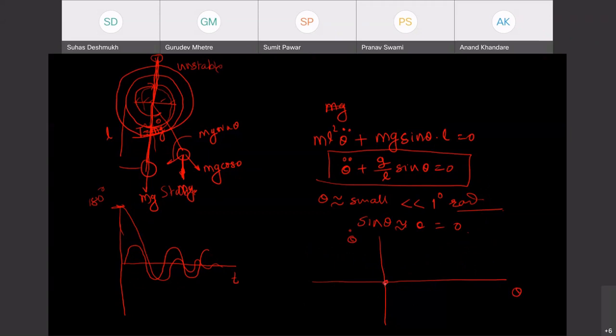This is my theta. The first equilibrium is theta equals zero. Another one, theta and theta dot. My second equilibrium is 180, with a triangle or something.